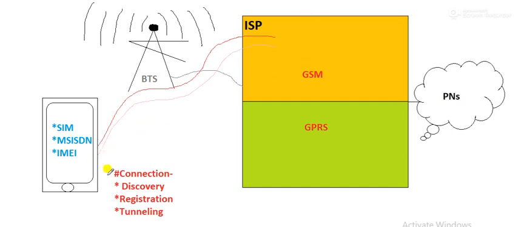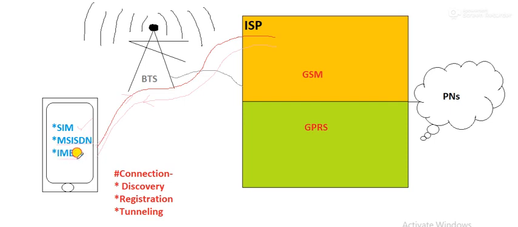This is a general statement, and while delivering this request we have already seen which kind of parameters are used, which are nothing but your SIM card, that is the subscriber identity, your 10-digit mobile number. We already learned what MSISDN is.